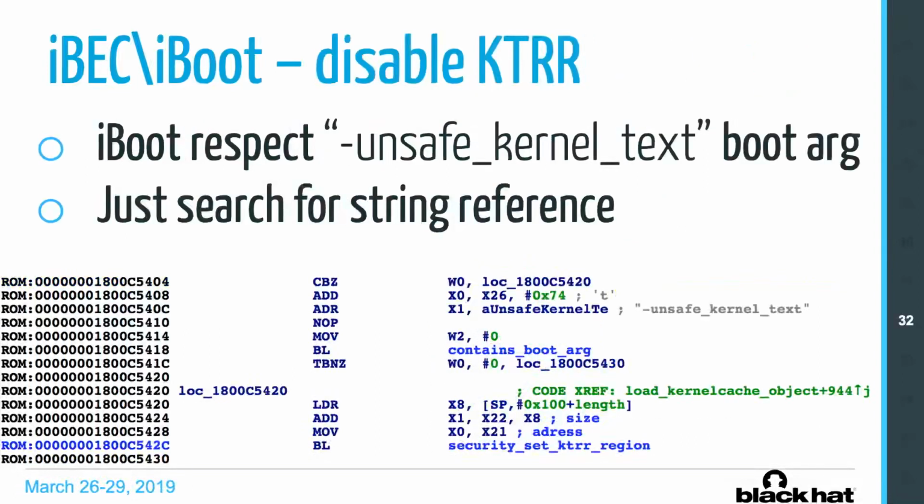The next thing, I think the last one for iBoot, is KTRR, or kernel text read-only region. That is a specific mitigation that Apple introduced in iPhone 7, and the idea is that Apple has their own custom memory controller, and Apple sets up the region where the kernel will be mapped. When the kernel is mapped and finishes all the initialization process, this region will be locked.